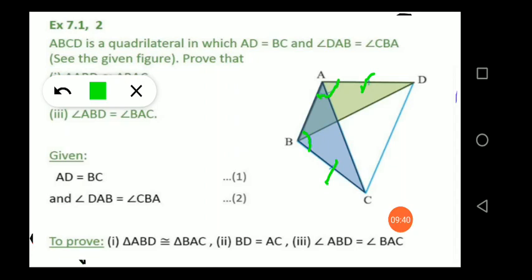So two pairs are given, one more pair we need. Yes, correct, AB. The third side we will take AB, which is common in both the triangles, and hence both triangles become congruent.